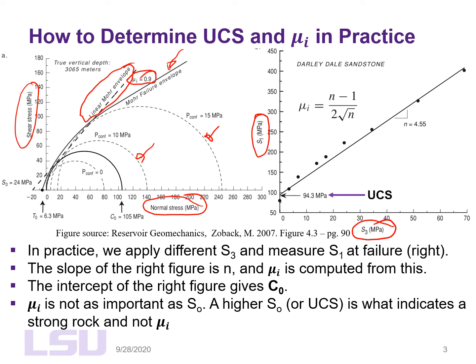And the slope will no longer be mu I, right? It's a different plot. It's not tau against effective normal stress. It's S1 against S3. So the slope is actually called N. And from N, you can get mu I mathematically using this expression. And the intercept of this line directly gives you UCS. So the intercept of this line is UCS, CO, and not SO, which is the intercept of this line. That's the important point to note here.